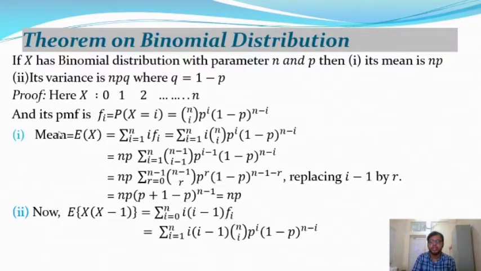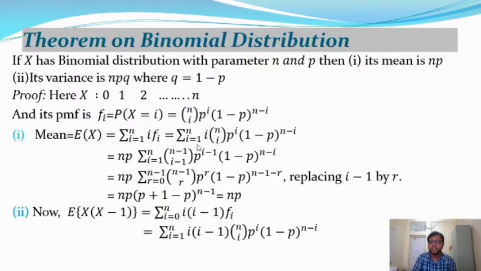So the mean of this distribution, by the definition of mean for the discrete case, is the expectation of x equal to the summation over i equal to 1 to n of i into fi. So this equals the summation over i equal to 1 to n of i into nCi, and fi is the probability mass function, so it will be nCi into p to the power i into (1 minus p) whole to the power n minus i.